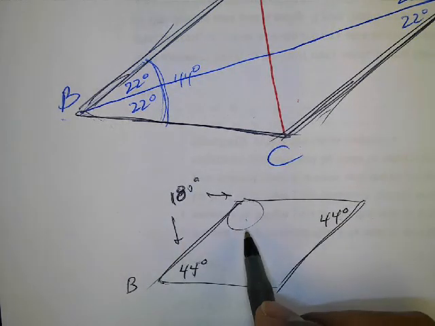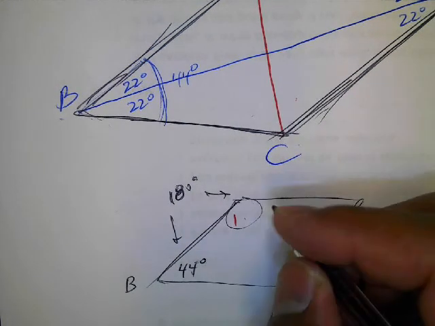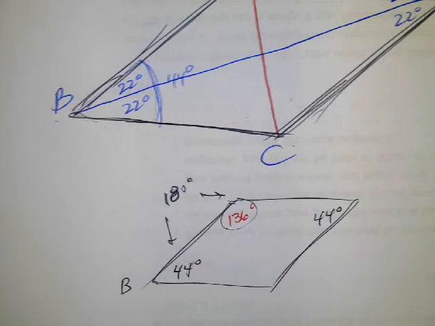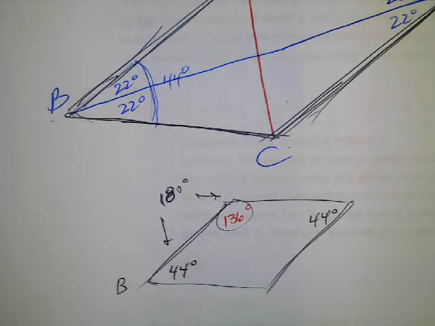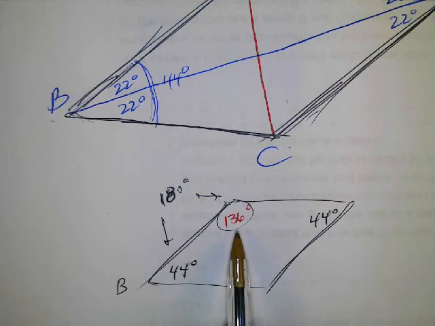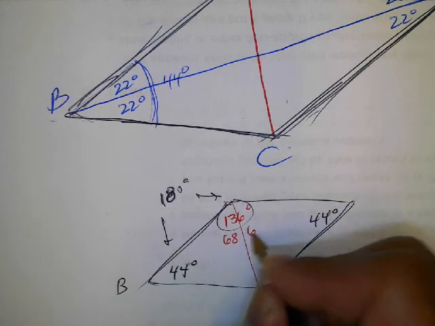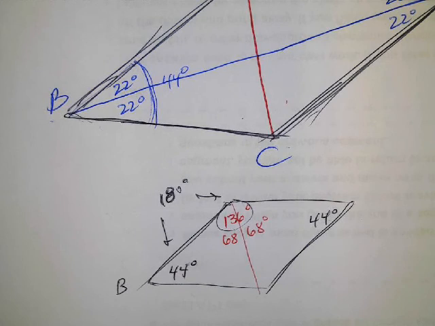So this one would have to be 36. You can go that route also. Actually, I don't even need to know it. But you can do it this way and then divide it in half. That'll be what? 68? Is that right?